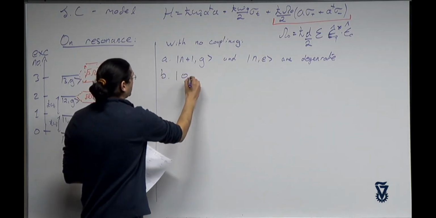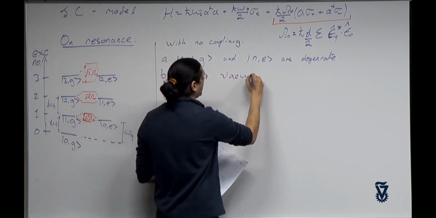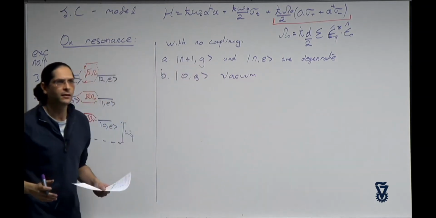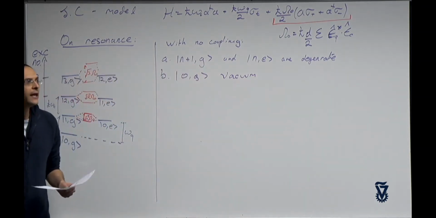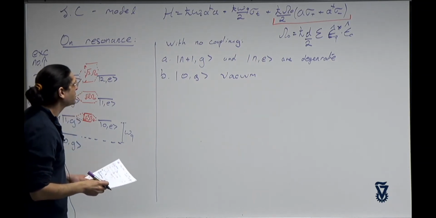And 0G, this is the vacuum. There are no photons in the cavity. The atom is in the ground state. There is nothing but vacuum, basically. Okay, so you can call this the vacuum state.